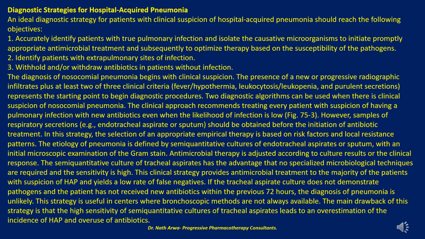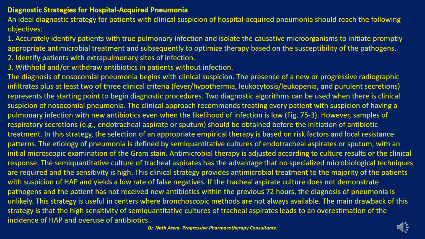The clinical approach recommends treating every patient with suspicion of having a pulmonary infection with new antibiotics even when the likelihood of infection is low, as shown in Figure 75.3. However, samples of respiratory secretions, e.g., endotracheal aspirate or sputum, should be obtained before the initiation of antibiotic treatment.